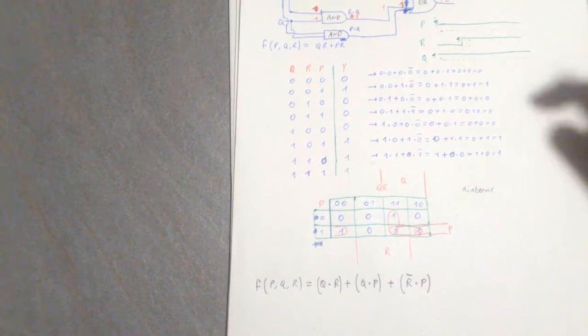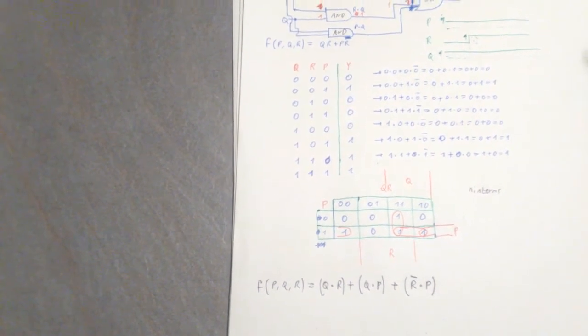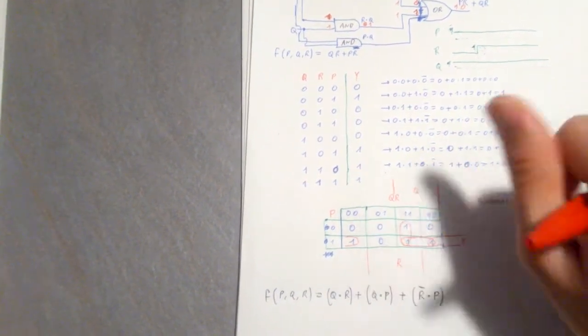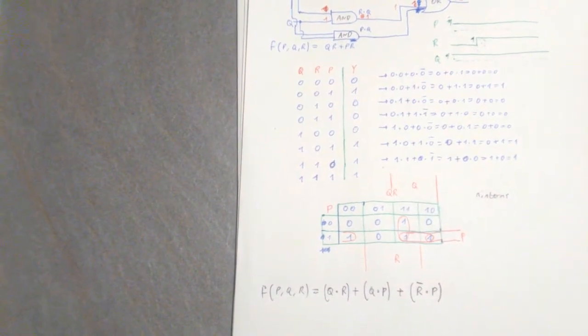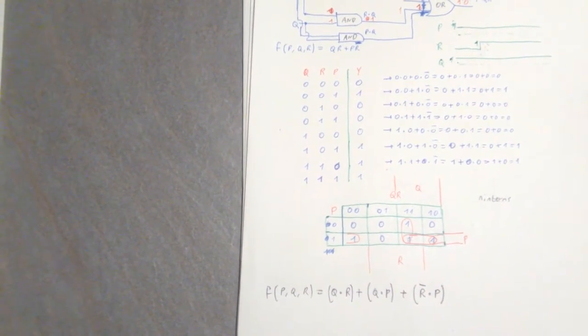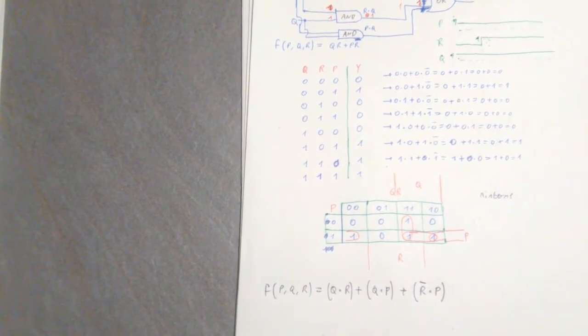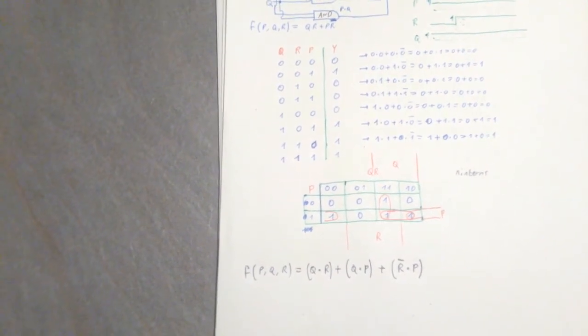Hazards can be of, well, basically two types, well, more than two types, but anyway. The most common ones are static one hazard and static zero hazard. Then there are other types of hazards which are called dynamic hazards, but those are more complicated, and I'm not going to talk about them right now.